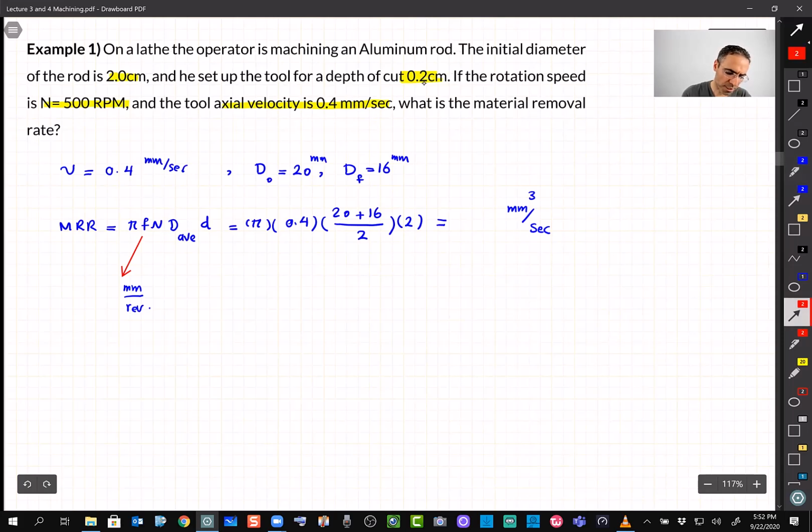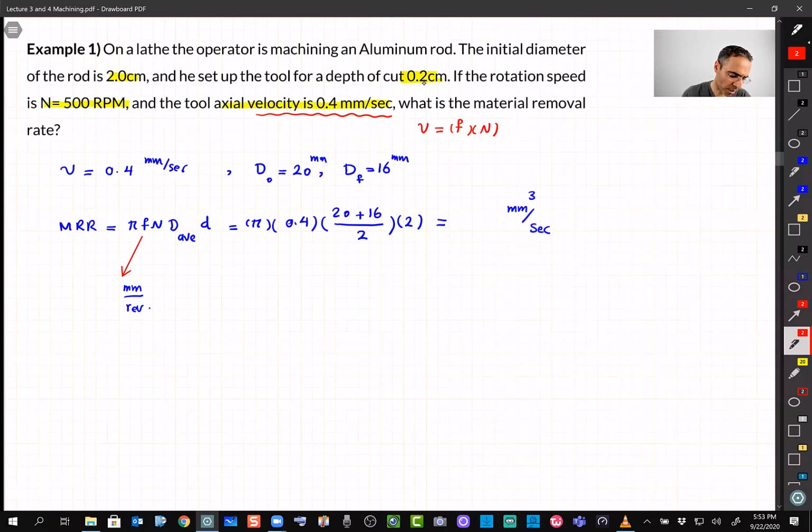But here in this question, what we have is the linear velocity, all right? And V, linear velocity, is f multiplied by N. So that's why in this formula, I just replaced f multiplied by N by just 0.4, right? Is it clear, Ahmad, or no? Yes, that's fine. Thank you.